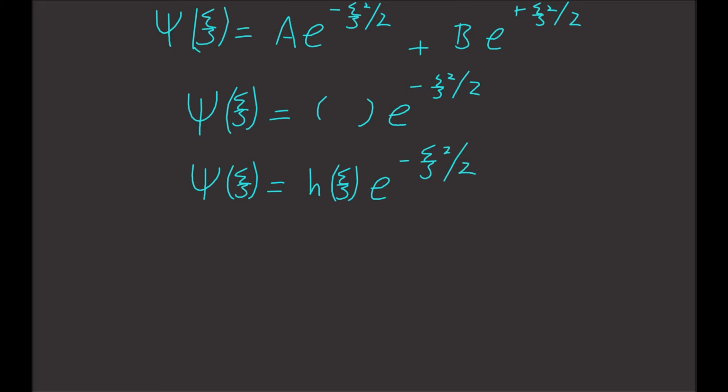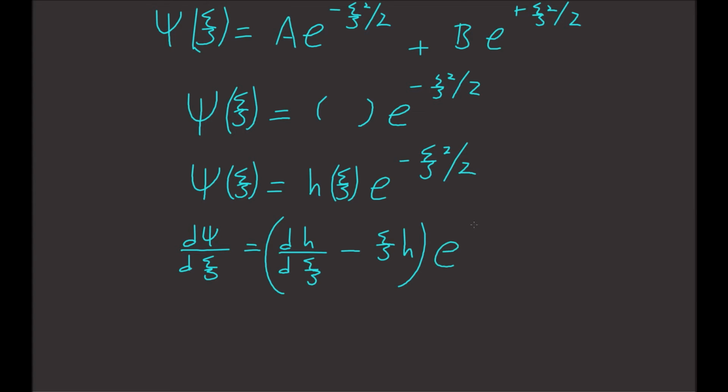So this is psi. Let's take one derivative of it. So d psi d squiggly, just differentiate here, we get the derivative of h with respect to squiggly minus squiggly times h times the exponential term e to the minus squiggly squared over 2.